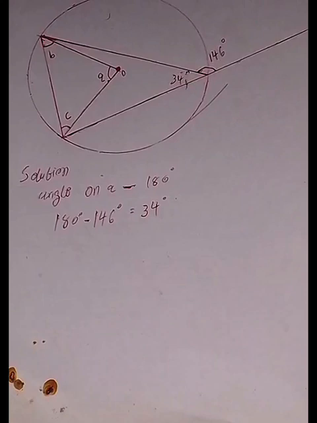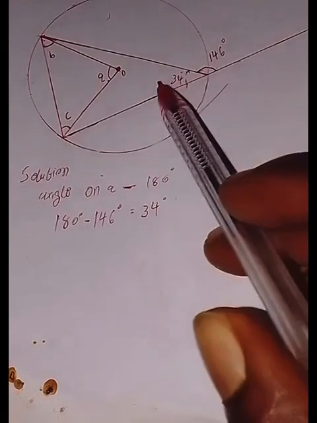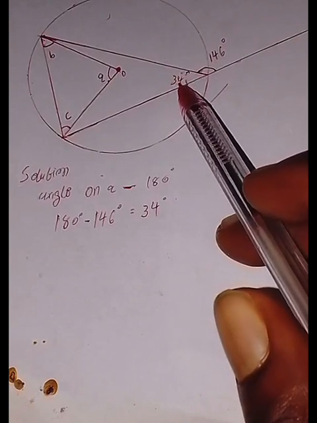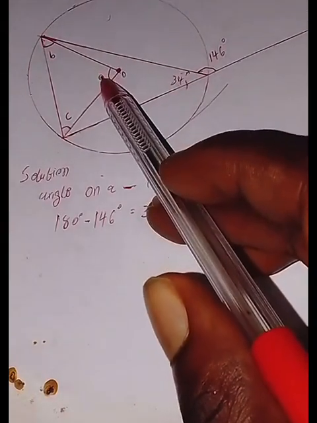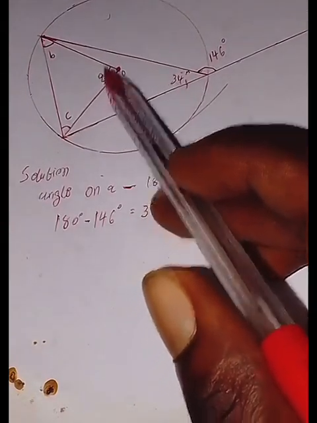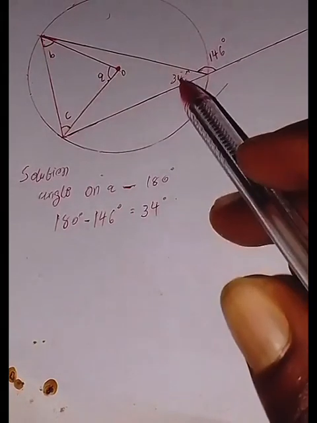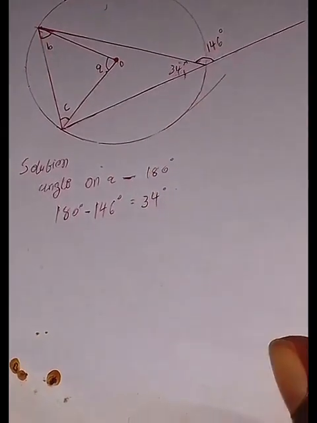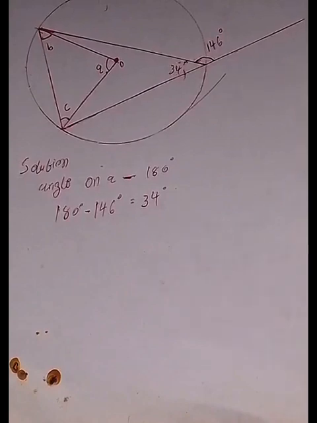So from here, we can now apply the circle theorem, the law that says angle at the center is twice the angle at the circumference. So this angle here is subtended at the circumference, and A is the center. So to get the answer here, it should be times 2, since the angle at the center is twice the one at the circumference.